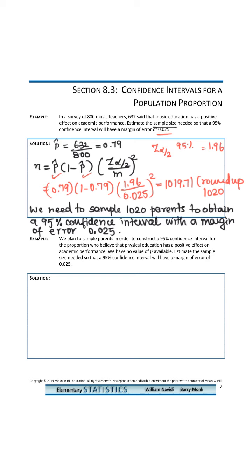In the second example, p cap is not available and we can assume that p cap is 0.5 and use this formula. M is 0.025 and the critical value is 1.96. So substitute those values.